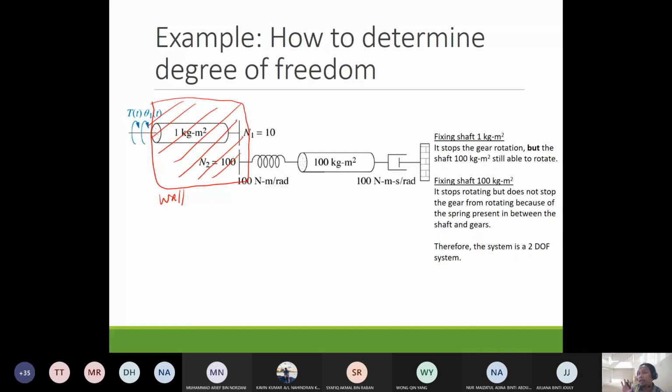It rotates, but it is restricted by the spring and the damper, but it's still able to rotate. So this is what the description says. If you stop the J shaft 1 kilogram meter squared here, the gear rotation will stop, but the shaft 100 kg meter squared is still able to rotate.